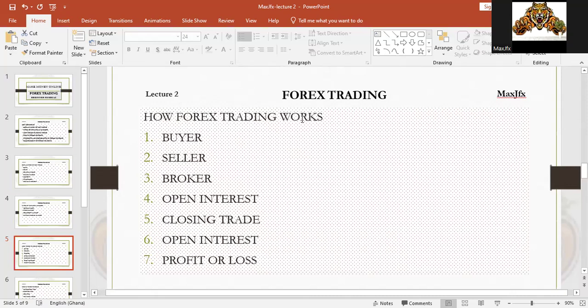Which means I have to find another buyer who wants to buy from me and pay the $10 I am asking. You get it? So this means the broker has a job just to match and fill orders.